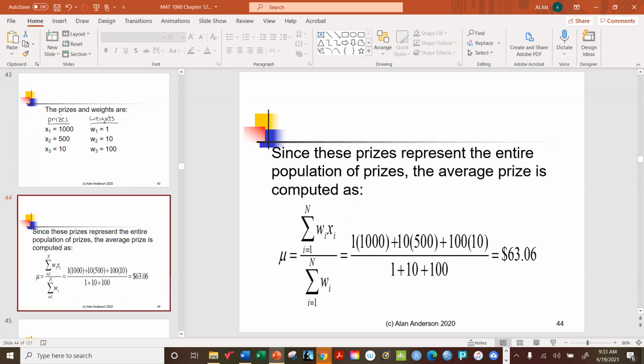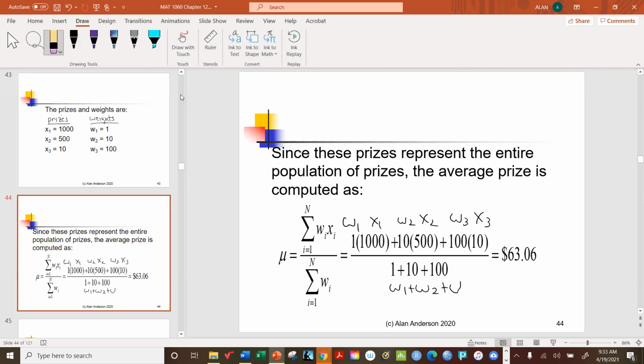These are the W's. Now, based on the last chart, this is W1, X1, W2, X2, W3, X3, and W1 plus W2 plus W3. That's where these numbers are coming from.